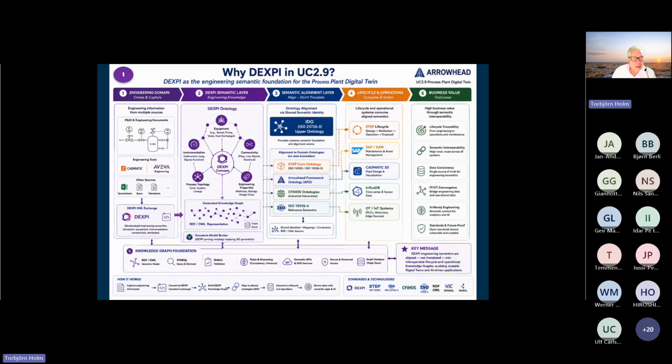We used DEXPI output, and we generated an OWL representation, triple store or triples for the data on PID. So we have a DEXPI ontology, with equipment, instrumentation, process topology, connectivity or system topology, and engineering properties in one ontology.